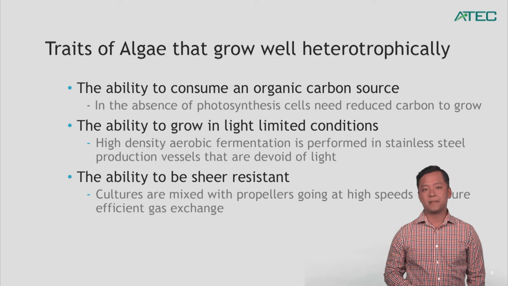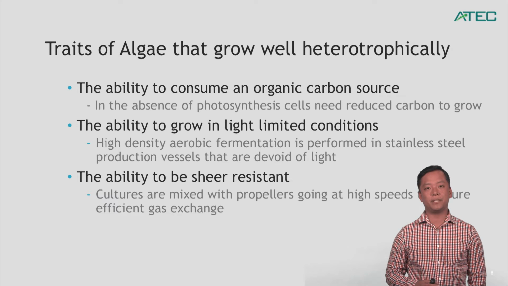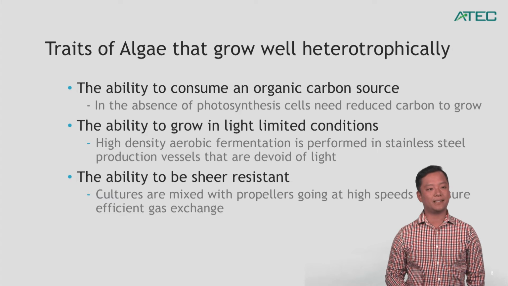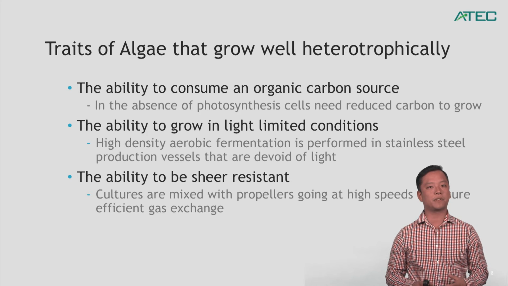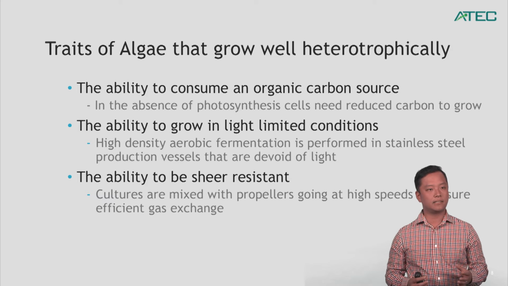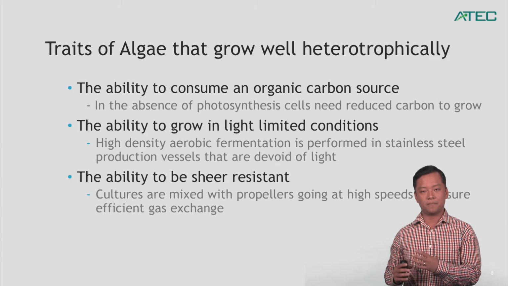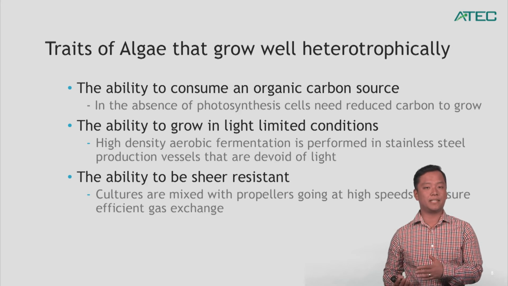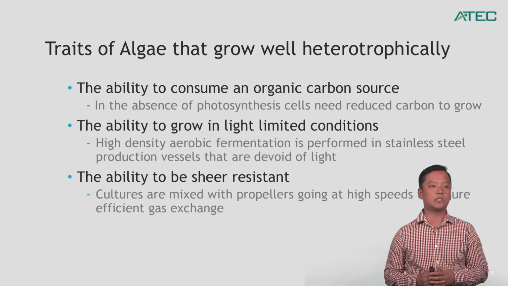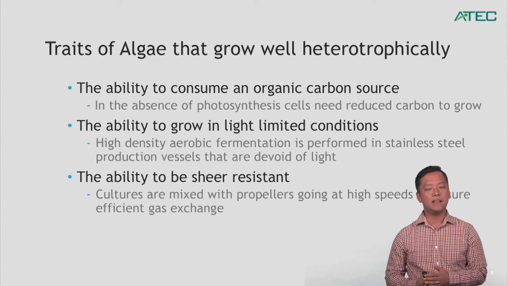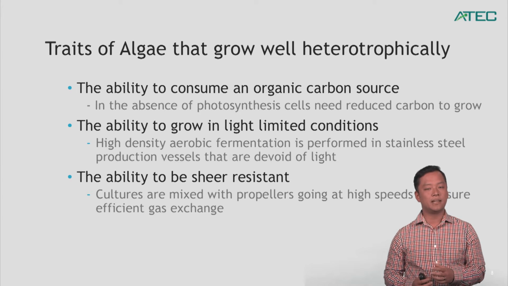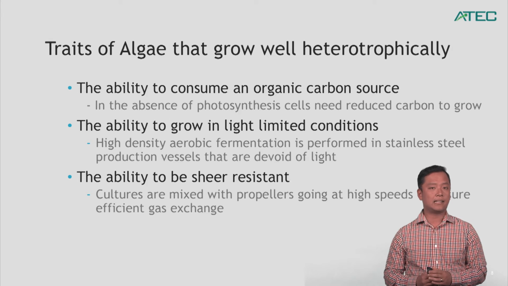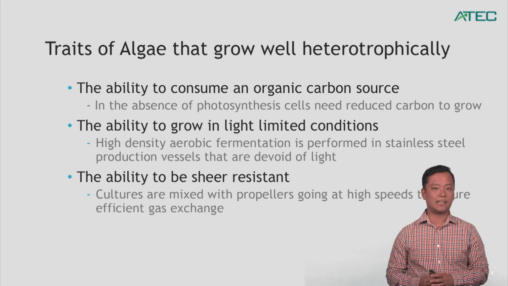And the last thing is your algae really needs to be shear resistant. The reason for that is when you put your algae into stainless steel tanks, one of the things that really drives the high density aspect of heterotrophic growth is the ability of the cells to take oxygen from the media that's being pumped in, and take it into the cell and use it for respiration. For that to happen, you have propellers in the tank that break up the gas into smaller bubbles to increase the surface area of the gas, allowing that gas to diffuse more freely into the cell.